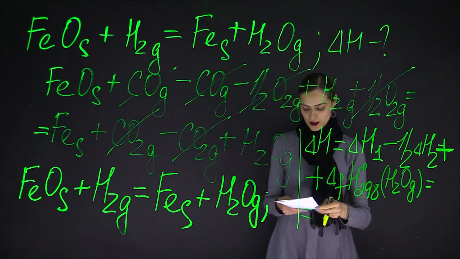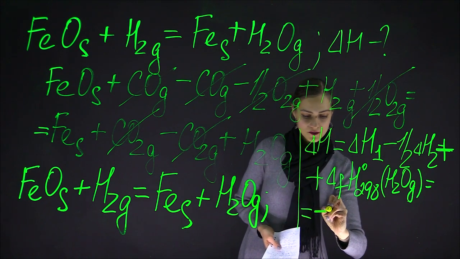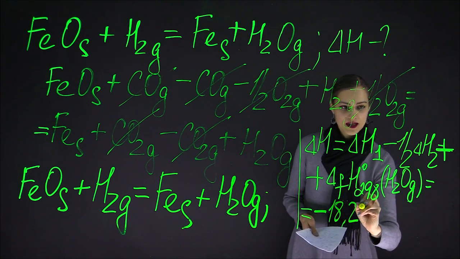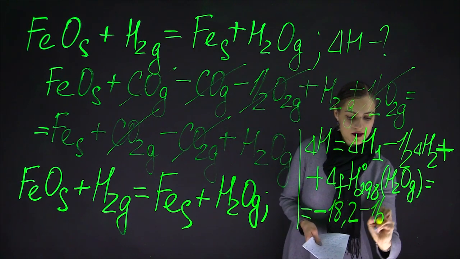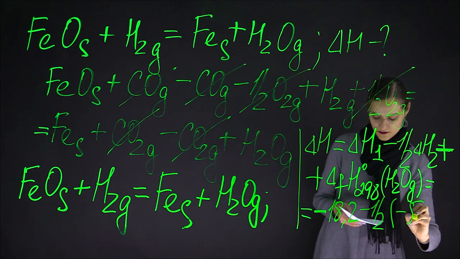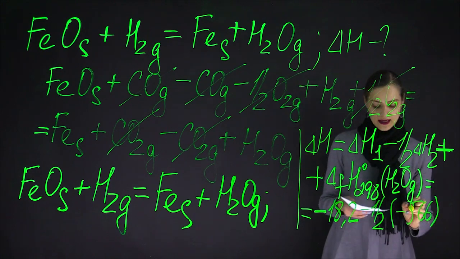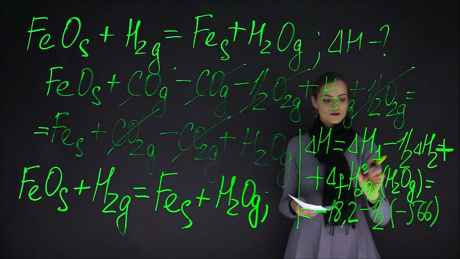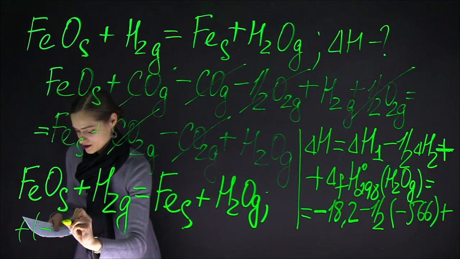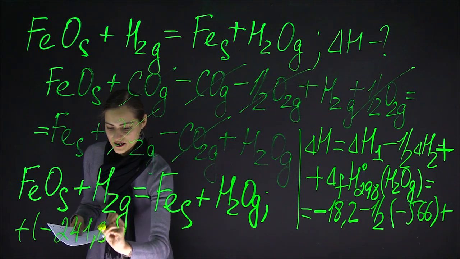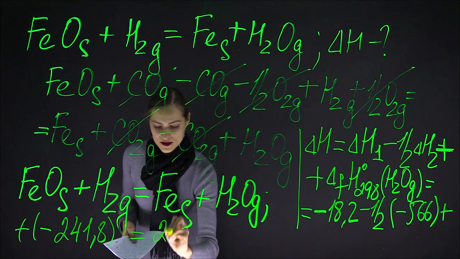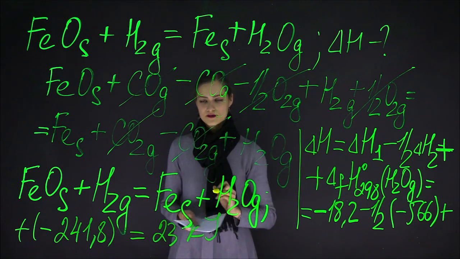And what do we have? The heat effect of this reaction equals minus 18.2, it's the heat effect for the first reaction, then minus half of the heat effect for the second reaction, equal 566, and we need to sum the standard heat of formation for water, minus 241.8 kilojoules per 1 mole, and it gives us 23 kilojoules.